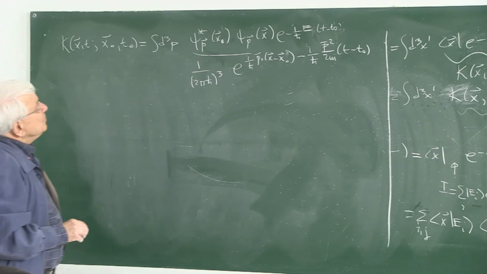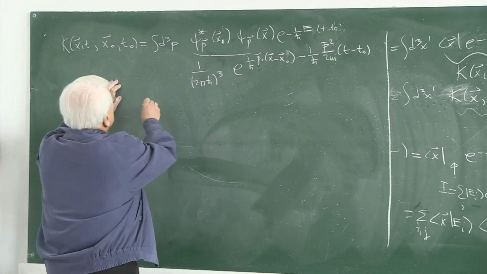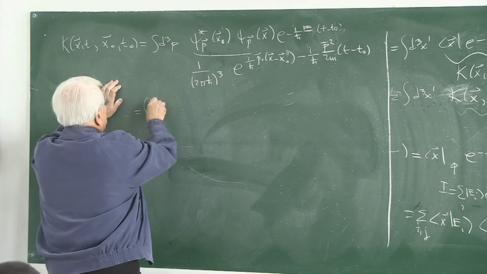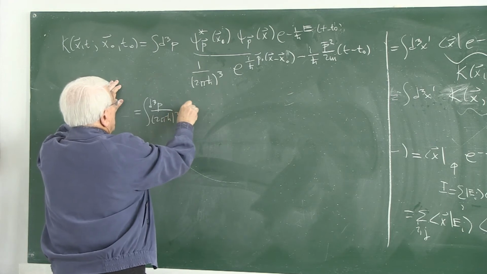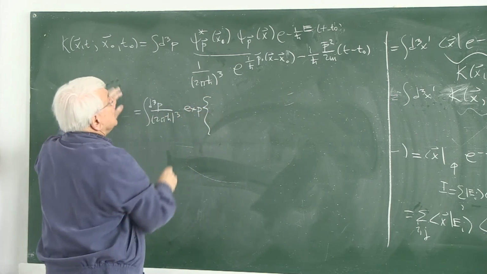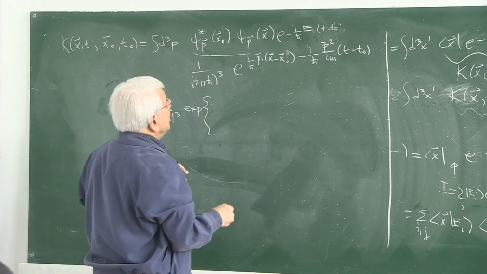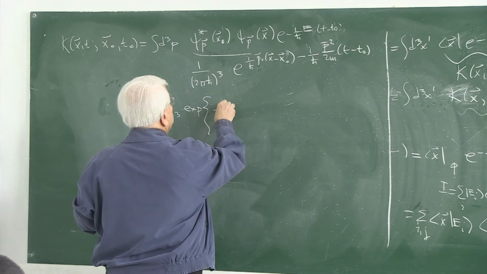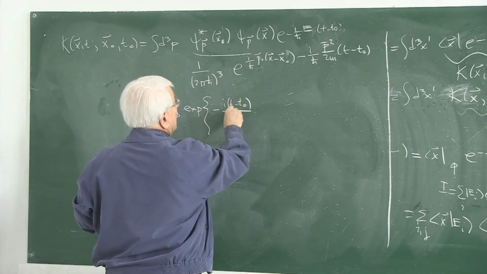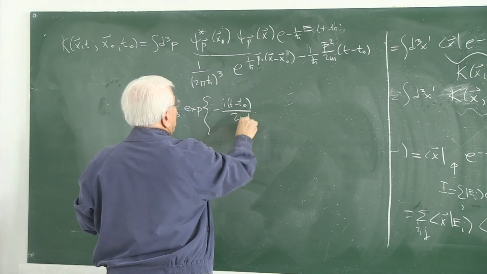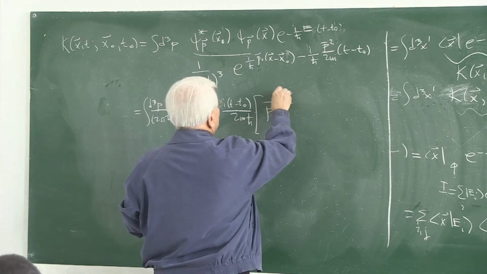So what do I mean? I mean the following. It is a polynomial in p. Let me rewrite it in the following fashion. d cube p divided by 2 pi h bar cube, exponential, it's more comfortable to write it this way, exponential of the following: minus i (t minus t0) divided by 2m h bar times p squared.